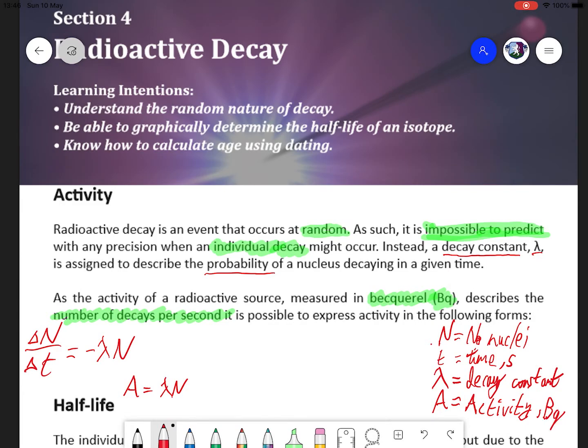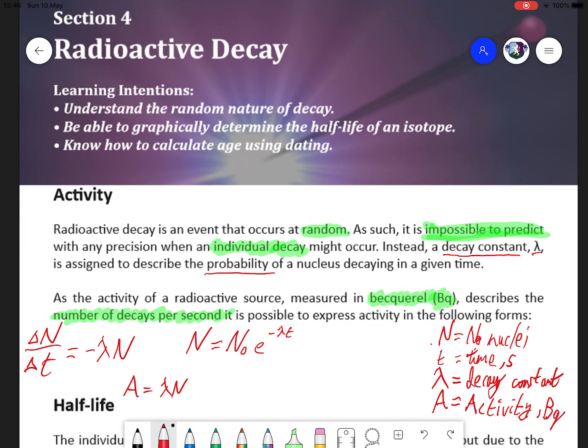Now, the real, more challenging equation to use is the next one that we'll look at here. So what we have is N equals N naught, which represents the number of particles originally in an atom, multiplied by e to the minus lambda t.